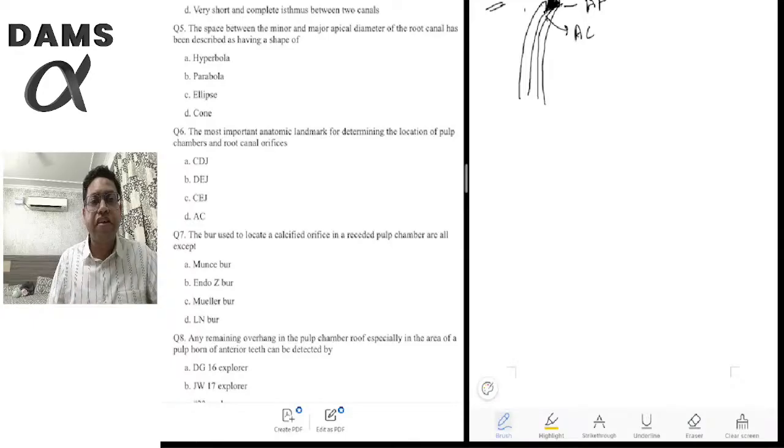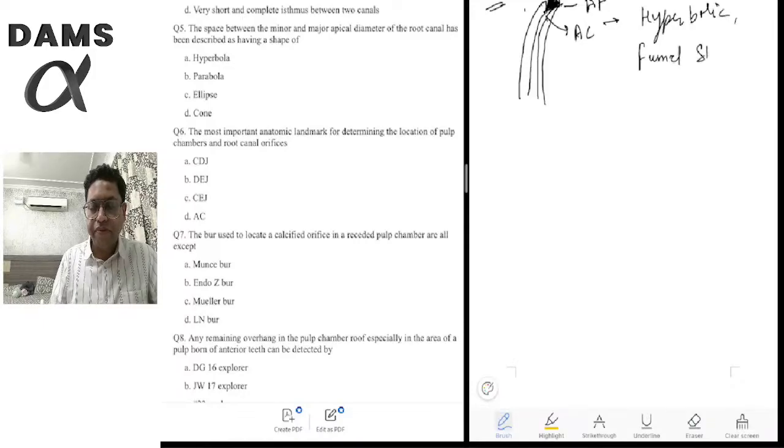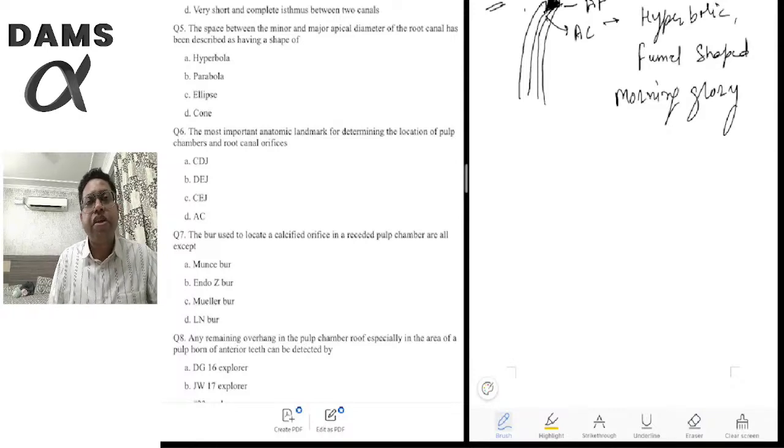The question is asking, how do you define the space? It is defined by 3 terms: either hyperbolic in shape, or funnel shaped, or shape of morning glory. Hyperbolic in shape, funnel shaped, or shape of morning glory.